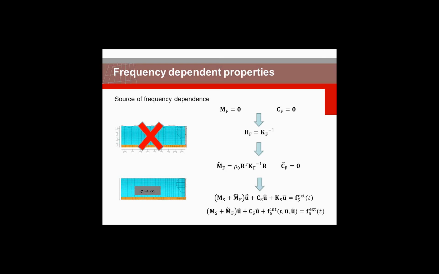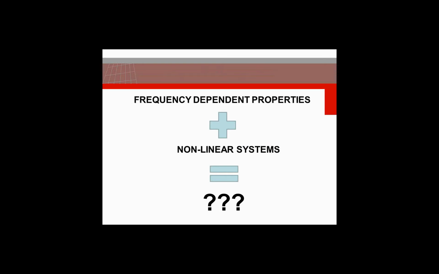So the first main conclusion we can take from this is that compressibility is one of the sources of frequency dependency of this kind of fluid-structure interaction system. And the bottom absorption, all the absorption boundaries, are also part of this frequency dependency. So we have a frequency-dependent system, and we have maybe some non-linearities that we want to include in the definition of the fluid and the solid behavior.